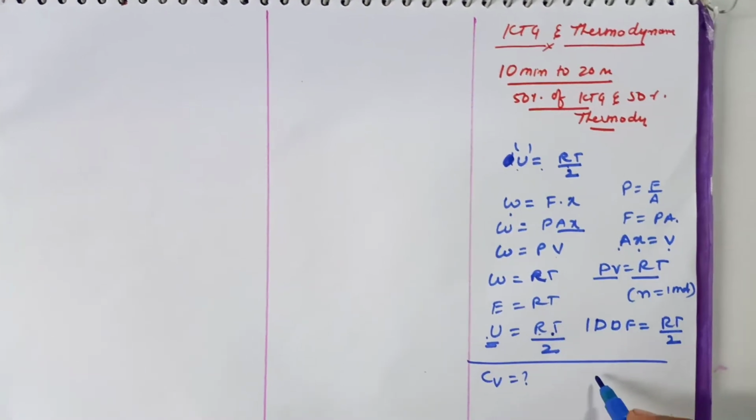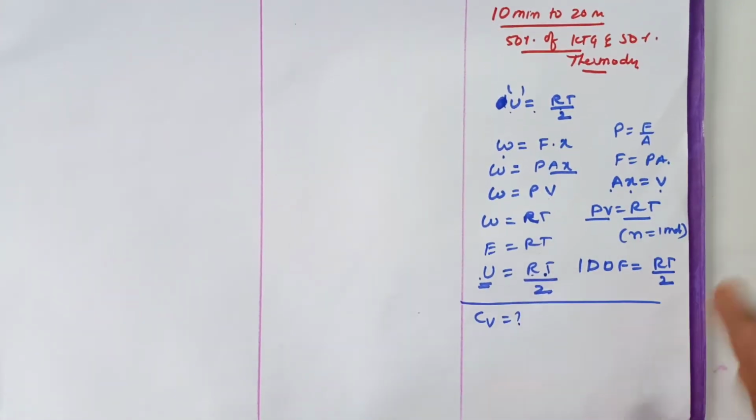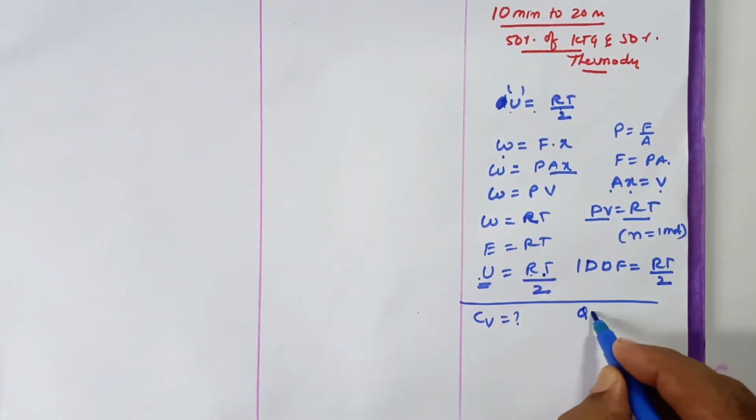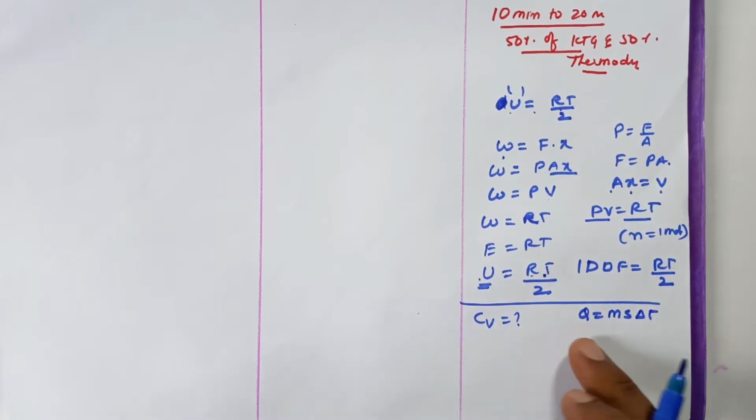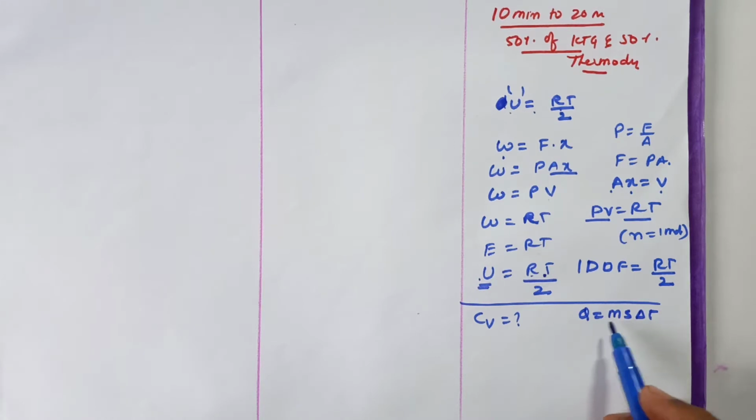You know the basic formula here. What is the basic formula? The basic formula for quantity of heat is m s delta T in the case of macroscopic bodies. For example, quantity of heat is directly proportional to mass. Quantity of heat is directly proportional to rise in temperature. But in the case of a gas, the formula changes a little bit.